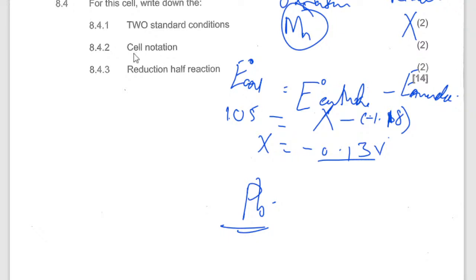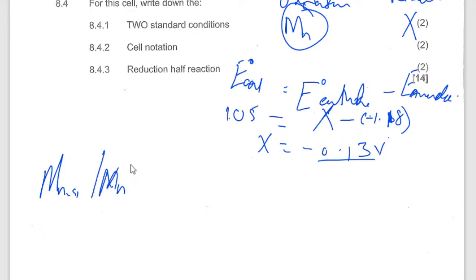State the cell notation. In this case, we have manganese, because we said manganese is under oxidation. Therefore, manganese, which is a solid, is oxidized to manganese ions, which are aqueous.